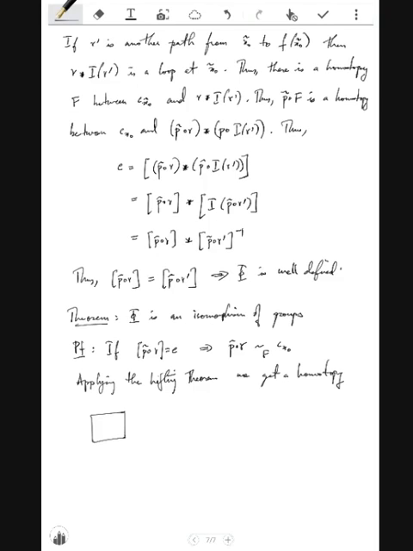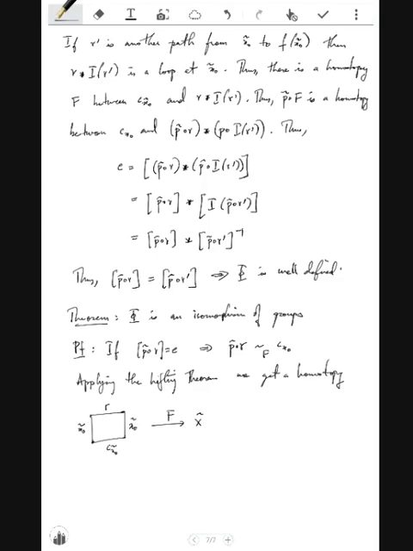We apply the lifting theorem so that the (0,0) point goes to x naught tilde. So this end is x naught tilde. The unique lift of p tilde composed gamma, which starts at x naught tilde, is exactly gamma. The unique lift of c x naught, which starts at x naught tilde, is exactly c x naught tilde. And this forces that on the right end also we have x naught tilde, and this is a homotopy.